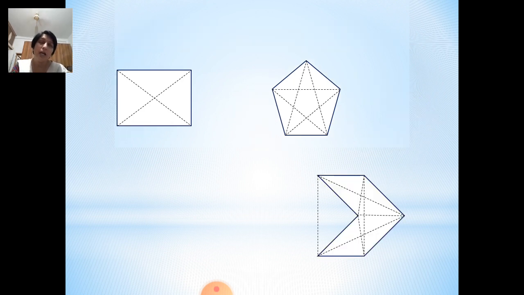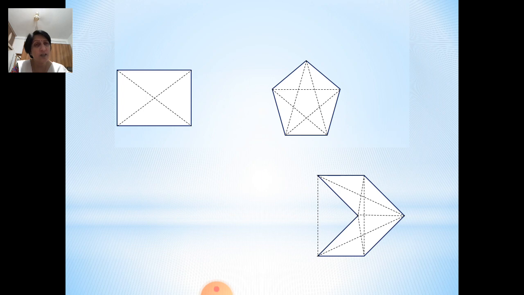Now I am taking all these 3 figures of the previous slide. The first one is a quadrilateral, the second one is a pentagon, the next one is a hexagon. In all the figures diagonals are shown. Now children, can you notice some difference in these figures? Yes.